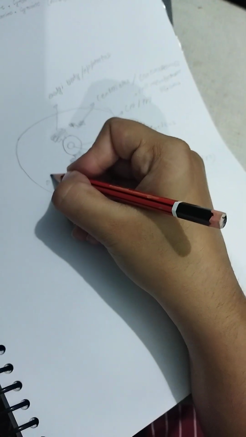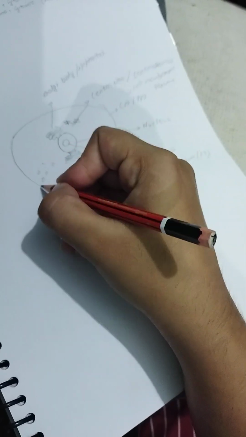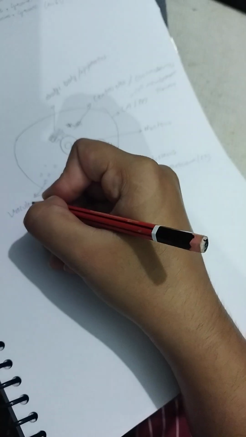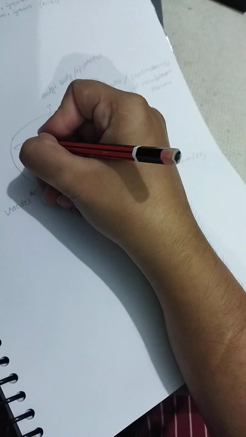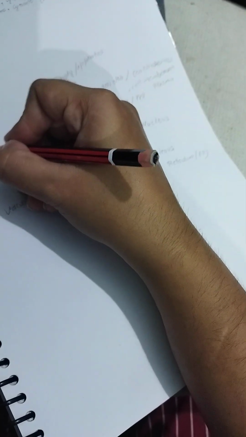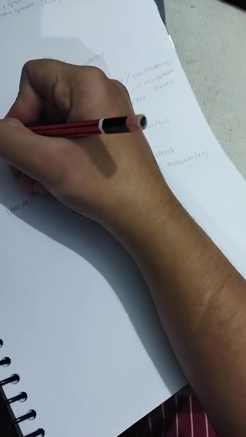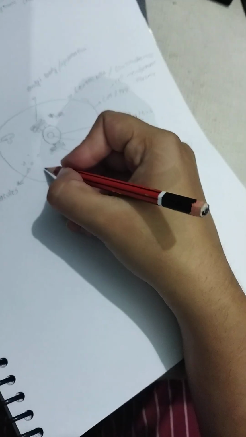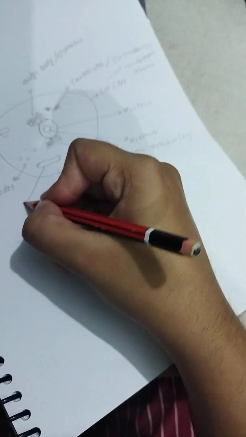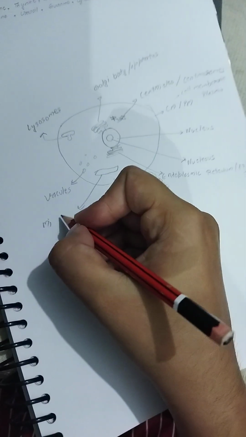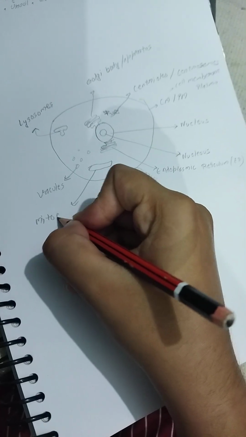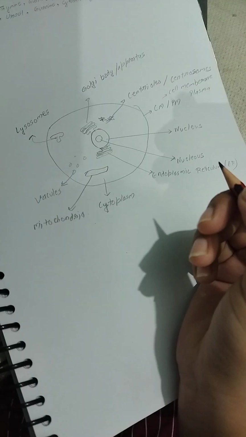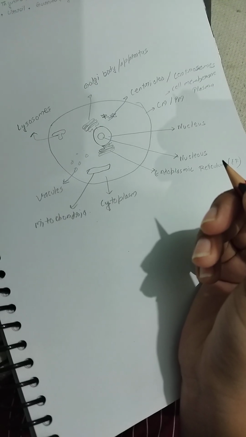And there are small, tiny substances which we call vacuoles. Lysosomes are also present in the animal cell. And there is one more cell organelle, which is called mitochondria. So this is the structure of the animal cell.